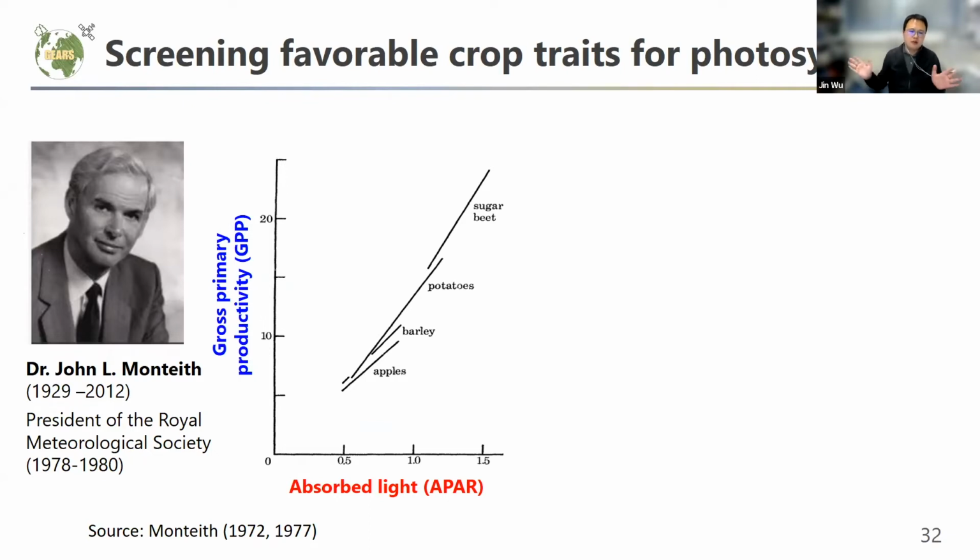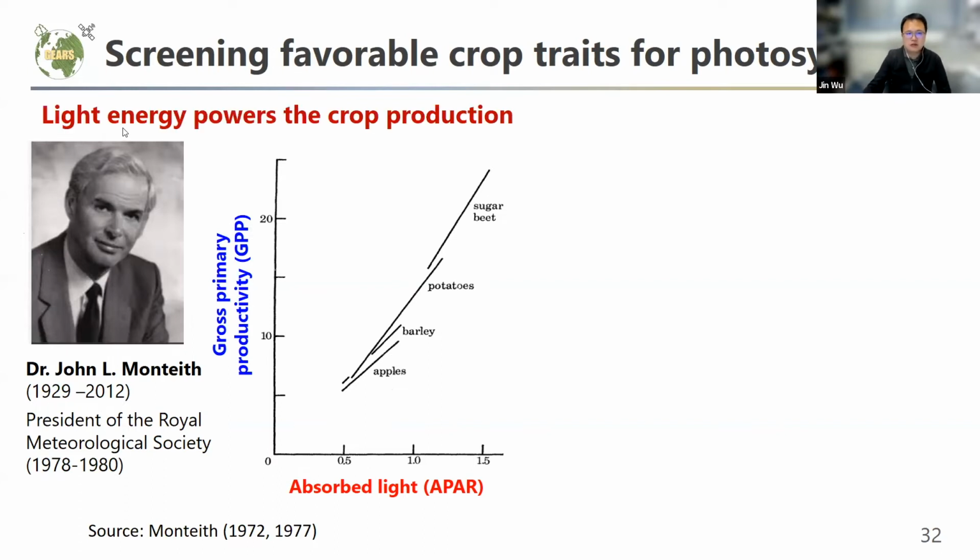When you plot the data together, you find a near linear relationship across all the different trees. With this, he concluded that energy powers crop production.